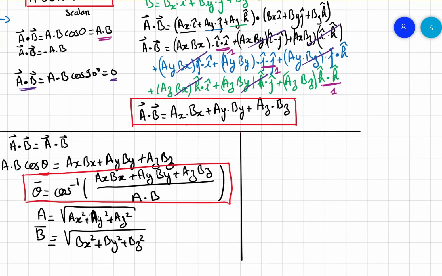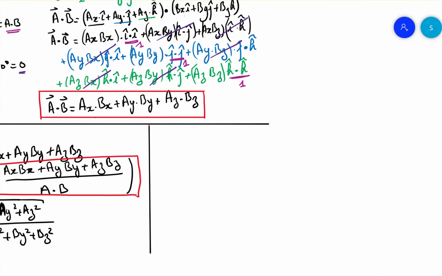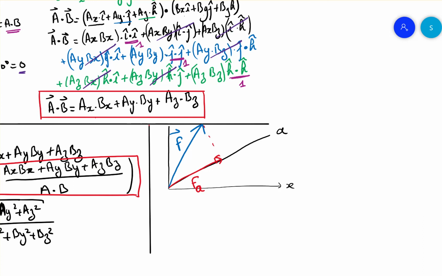Okay. Now we will use what we learned, and we will use an axis that I call A and a force F. And the goal is to find the force F on the axis A. Any axis A. Let's say that this is X, that's Y. This axis A is somewhere, it's not on X, Y, or Z. How can we find FA, the projection of F on the axis A?